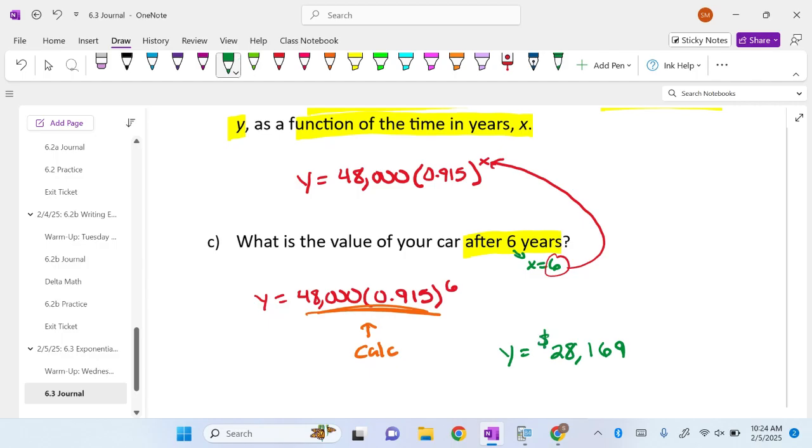And make sure you put that dollar sign to show your units. Now, let me ask you this. Does that answer make sense in terms of the problem? Is that a reasonable answer? Yeah, because if we're depreciating in value, yes, ma'am.